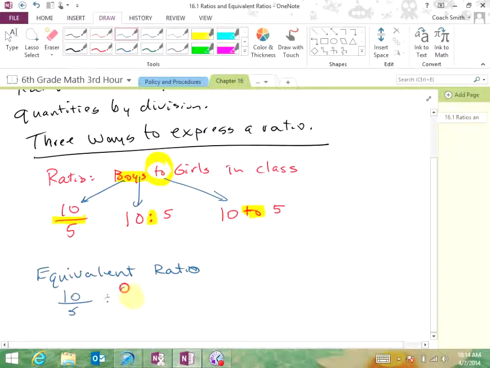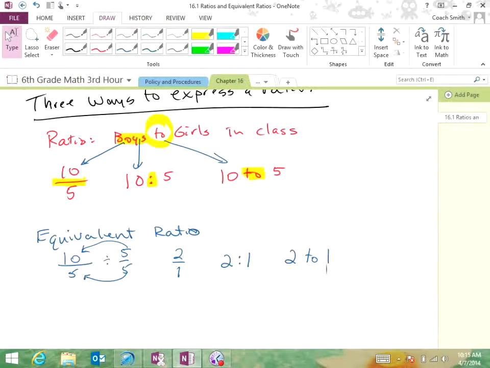So if we divide both top and bottom by 5, that gives us 2 over 1. So I can express this ratio as an equivalent by putting it as 2 over 1, or 2 colon 1, or 2 to 1. Okay, so that would be the equivalent ratio to our original ratio.